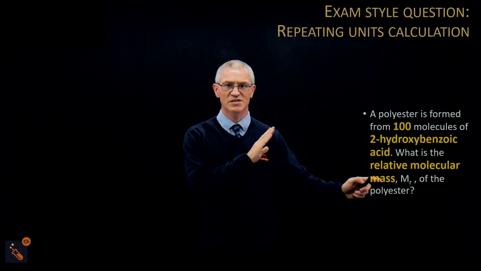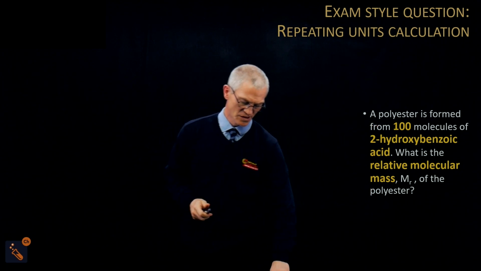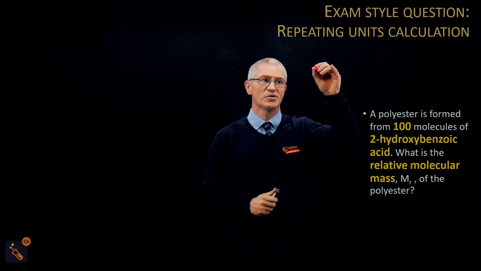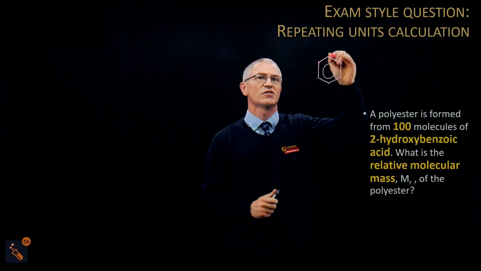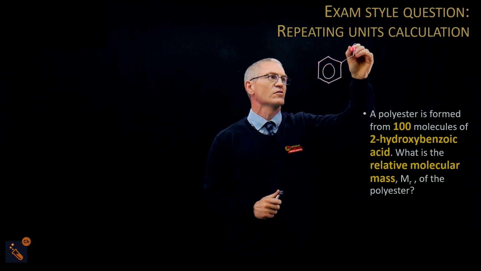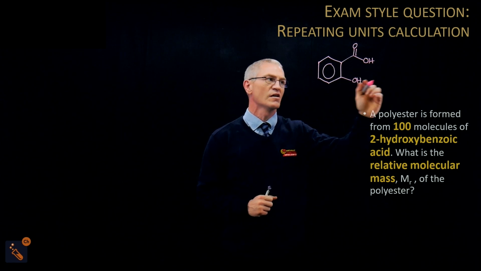Remember, we were calculating the relative molecular mass of this polyester if there's 100 molecules in it. So the first thing is, let's draw the molecule out, and you have got your carboxylic acid, and then you've got your hydroxy at number 2.